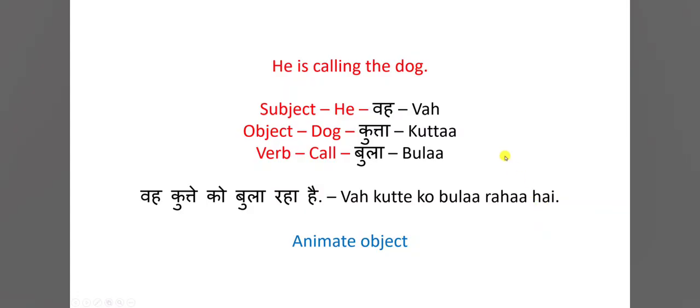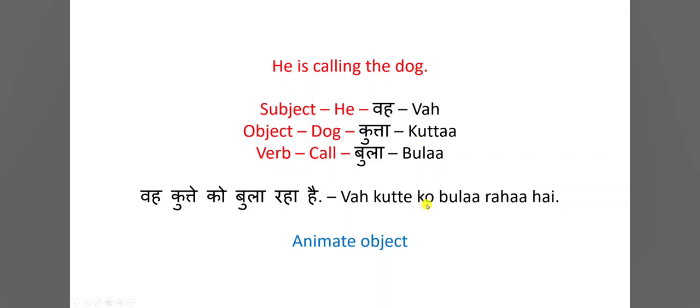Now, the object of this sentence is dog. Dog is not a human, but it has life. It is animate. When we have an animate object as the object of a sentence, then we need to add ko to the object. So, kutte ko. Kutta is dog.